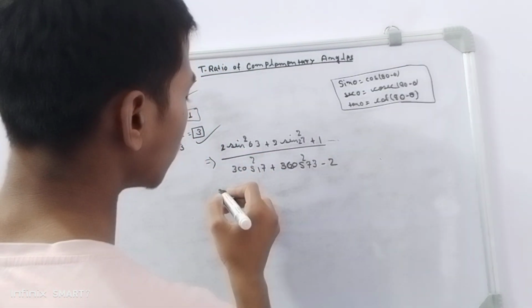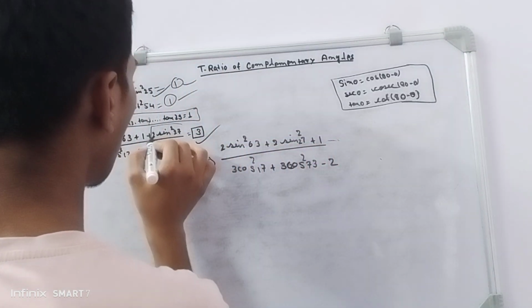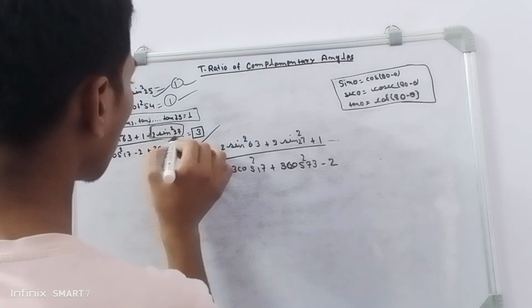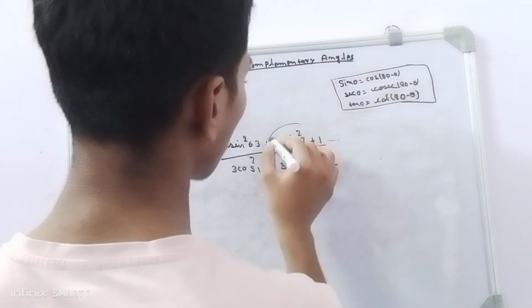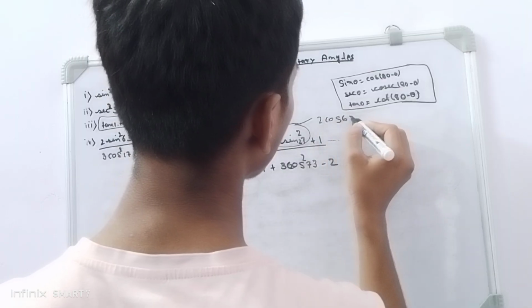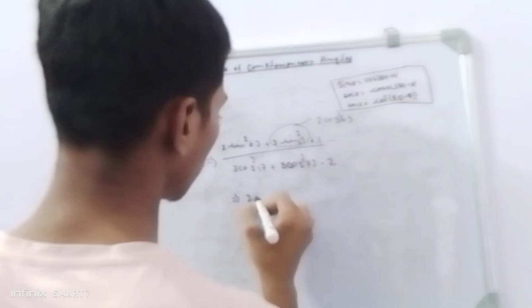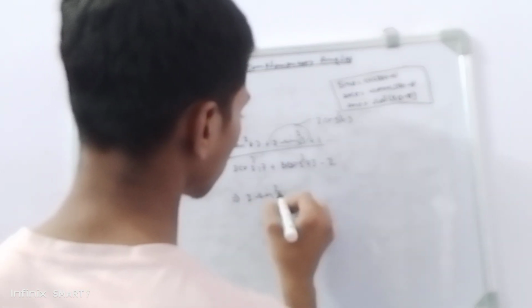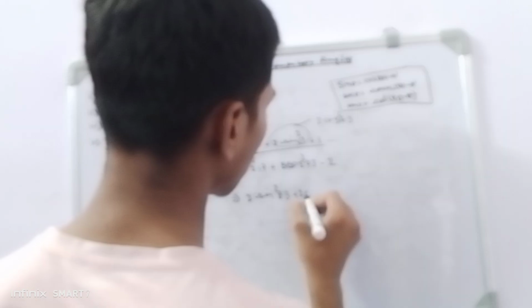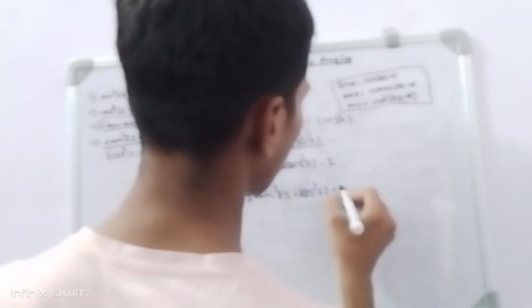So write this one like this: the 2 sine square 27 can be written as 2 cos square of 63. So write here 2 sine square of 63 plus 2 cos square of 63 plus 1.